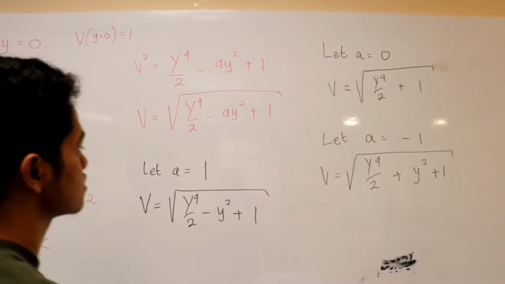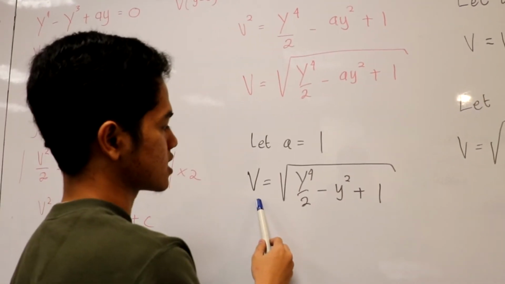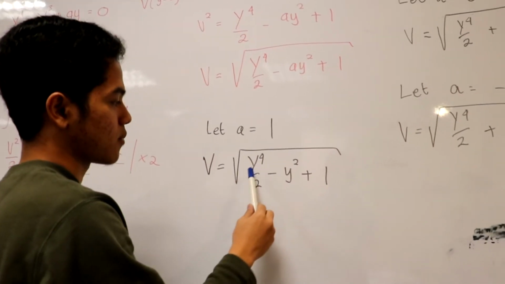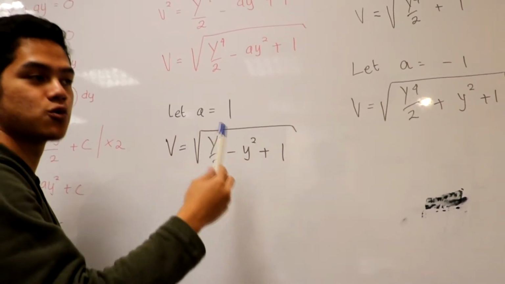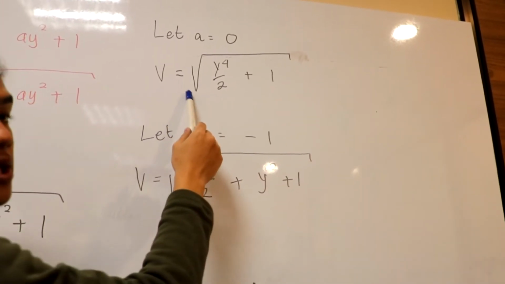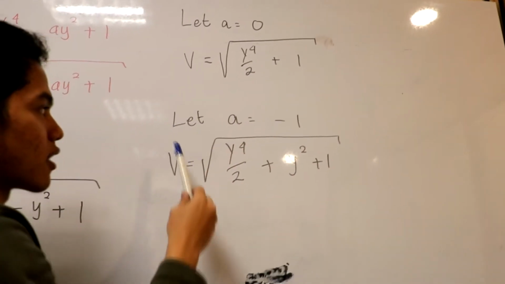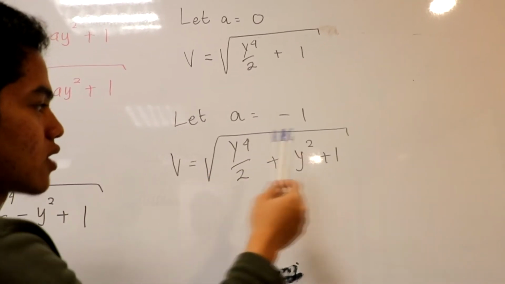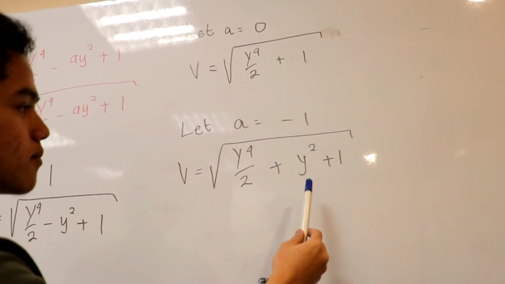So we decided to pick 1, 0, and minus 1, and then the final equation is v equal to square root of y to the power of 4 over 2 minus y squared plus 1 for a equal to 1, and then for a equal to 0, this equation v equal to square root of y to the power of 4 over 2 plus 1, and for a equal to minus 1, v equal to square root of y to the power of 4 over 2 plus y squared plus 1.